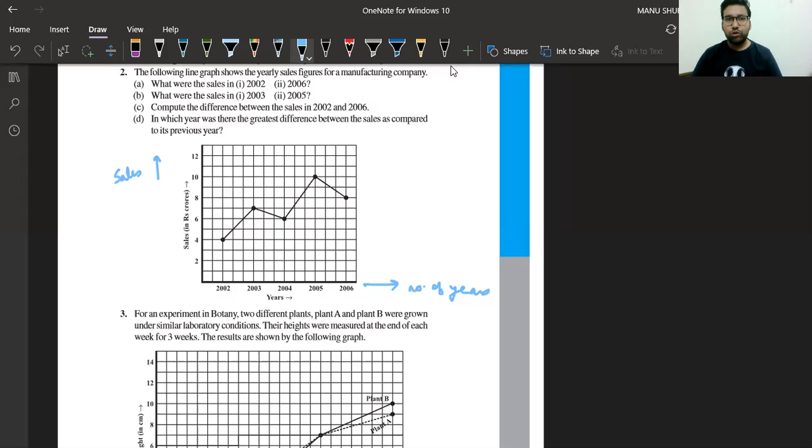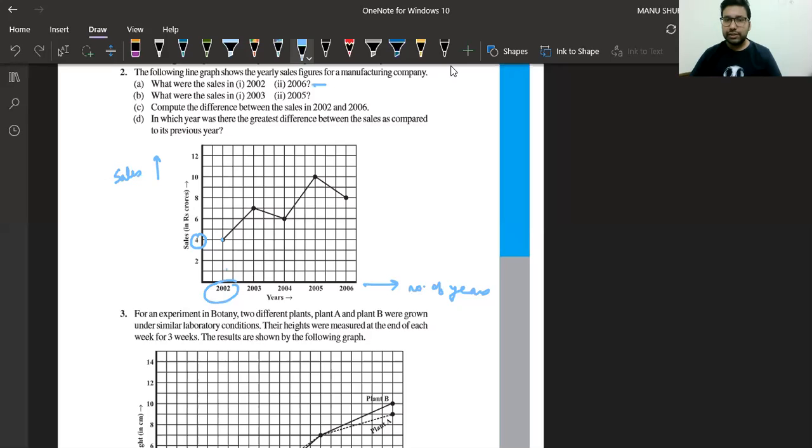So what do we have to find? What are the sales in the first part, 2002? So again you will locate 2002 on the x-axis and you will find the point, that is 4. What 4? 4 is 4 crores rupees. Okay, that is the answer.